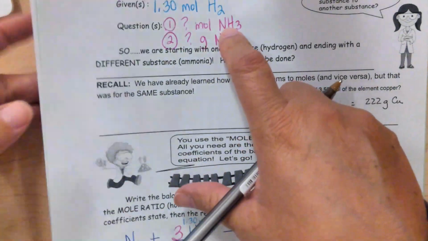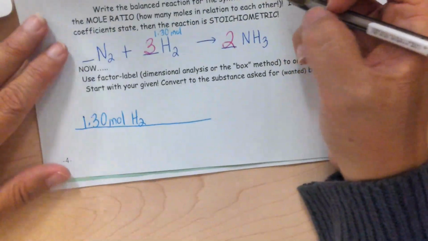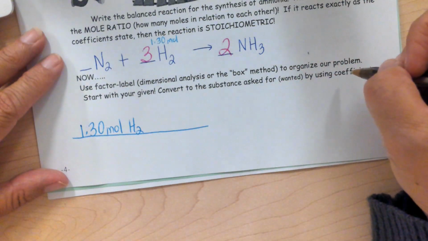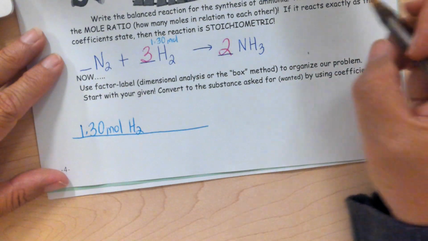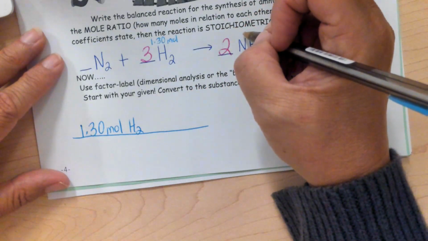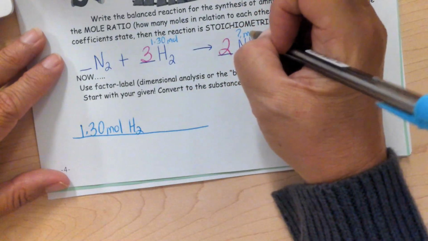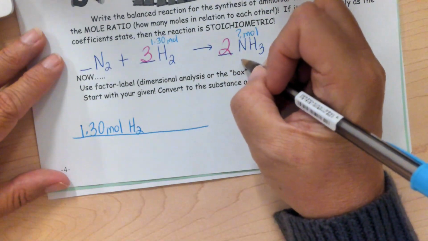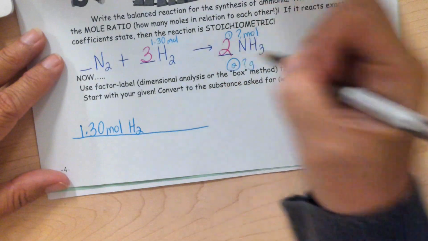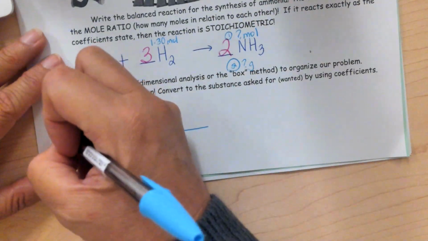My first question is moles of ammonia. That's what I'm being asked to do first: convert the substance to what we want using the conversions. It asked me moles of ammonia, and then later grams. So this is question 1, and this is question 2. Let's take care of question 1 first.